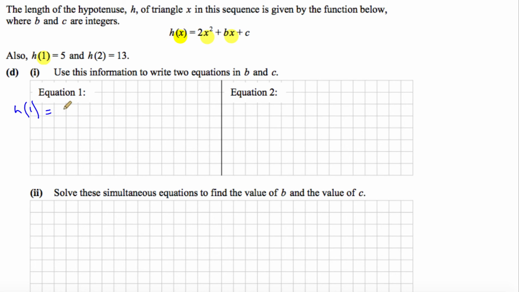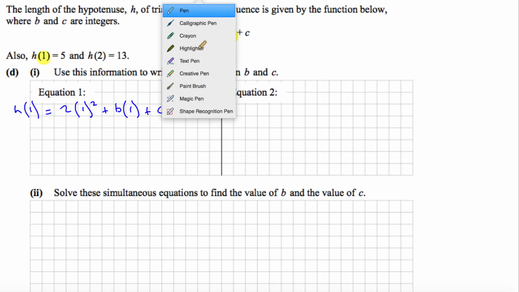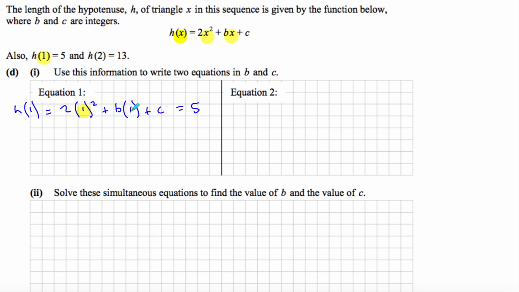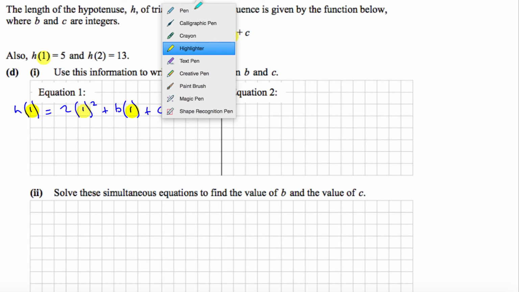So we get h of 1 is equal to twice 1 squared plus b times 1 plus c. And we know that this is equal to 5. H of 1 is equal to 5. They tell us that in the question. So again, just to be sure there, the 1 got put in there in the position of the x's.